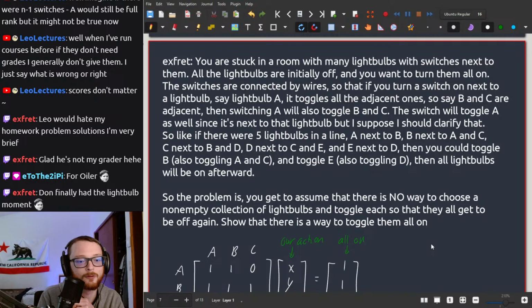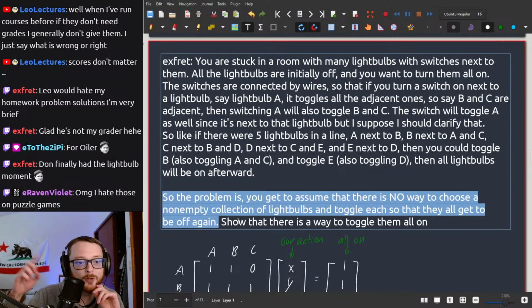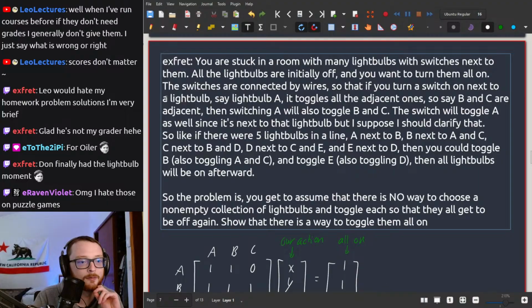Given a setup like that, you have to show there's always a way to toggle them on. And it's apparently not necessary, but we're allowed to assume, which makes this problem a lot easier, that there's no way to flip switches and have them all result in being off.